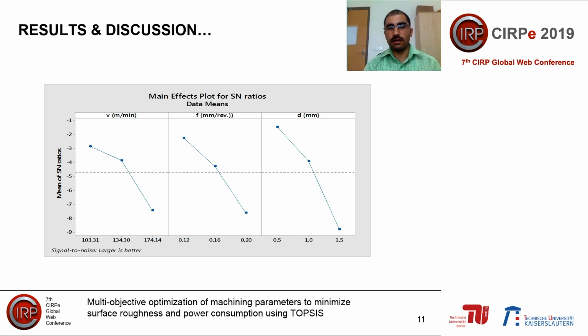Similarly, in case of feed, 0.12 mm per revolution has the highest SN ratio, and in case of depth of cut, 0.5 has the highest ratio. So according to TOPSIS and Taguchi SN ratio, we can say that the optimal cutting levels in the present study are V1, F1, and D1.